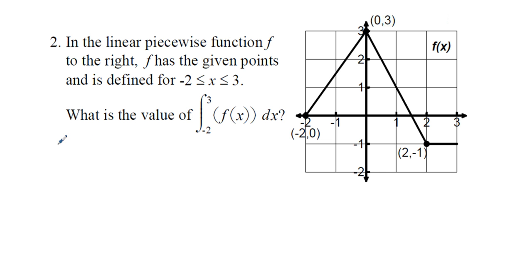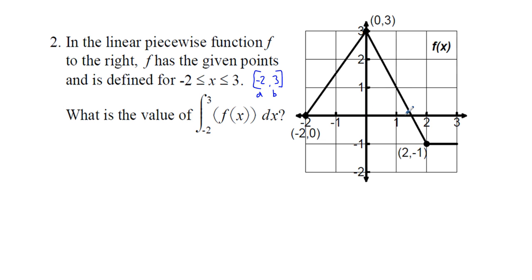Next, number 2: in the linear piecewise function f to the right, f has the given points and is defined on the interval from -2 to 3. Here we're talking about a closed interval from -2 to 3, and these values become our a and b respectively.